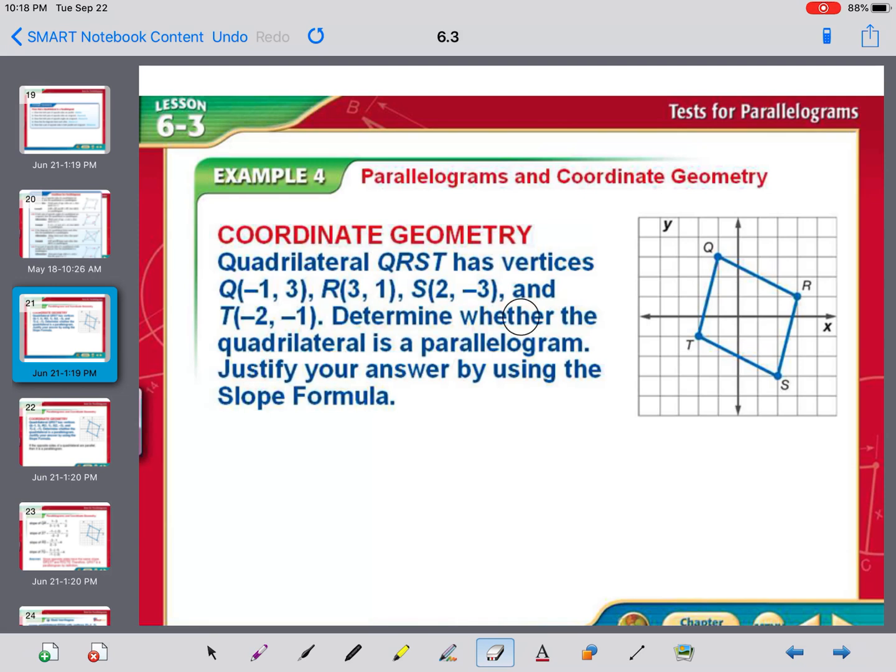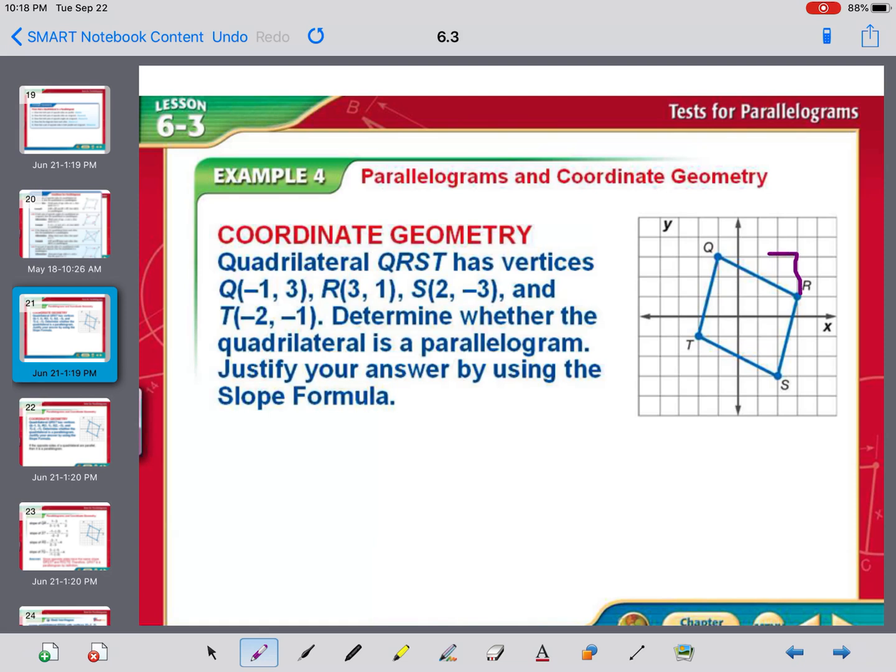So we've got this picture here with this quadrilateral given the points that they gave us. It says determine whether the quadrilateral is a parallelogram. Justify your answer by using the slope formula. Okay, so I could use the slope formula. Slope formula could be used to prove parallel.